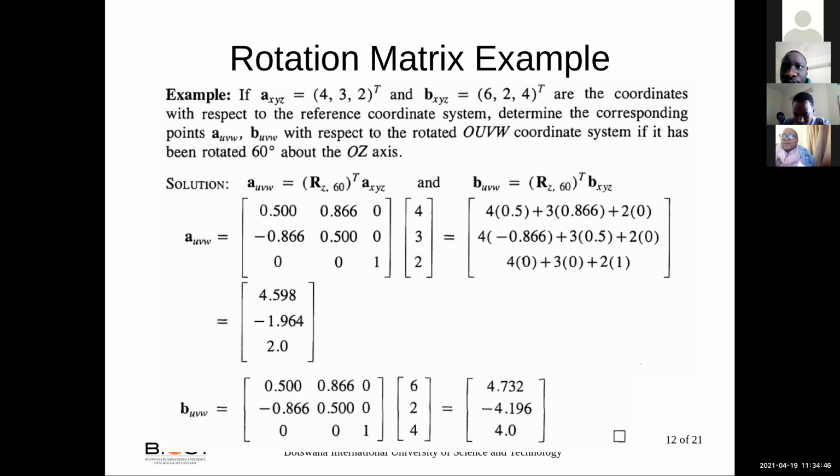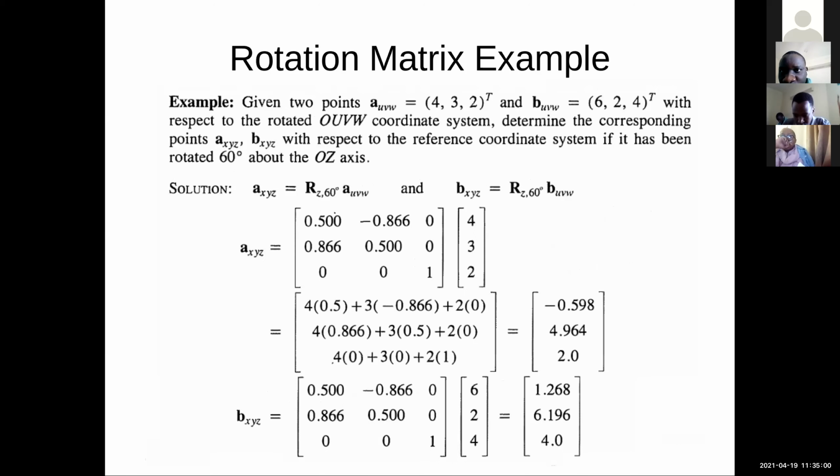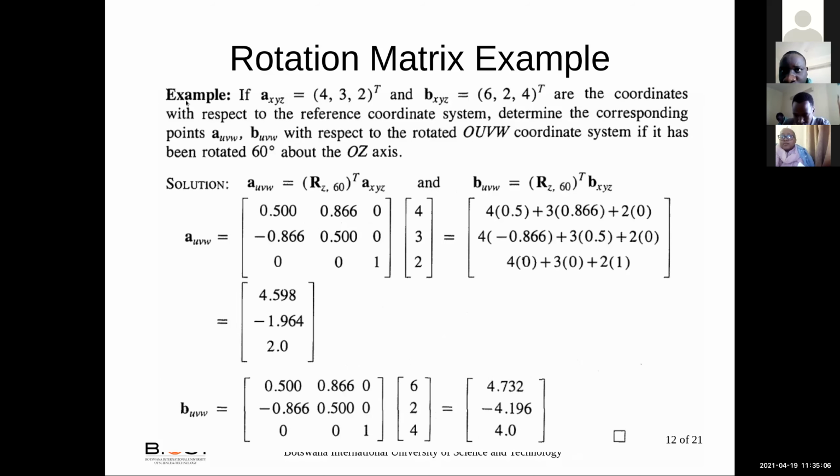Okay, so now we are given both vectors A xyz and B xyz. The values are the same as the values in the previous problem, but they're expressed in different reference frames.